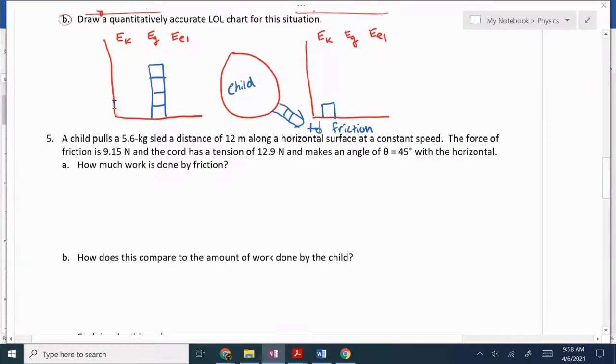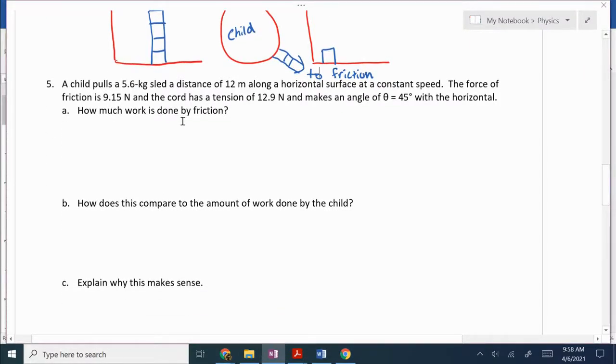A child pulls a 5.6 kilogram sled a distance of 12 meters along a horizontal surface at a constant speed. The force of friction is 9.15 newtons, and the cord has a tension of 12.9 newtons, making a 45-degree angle to the horizontal. How much work is done by friction? Work is equal to force times distance.